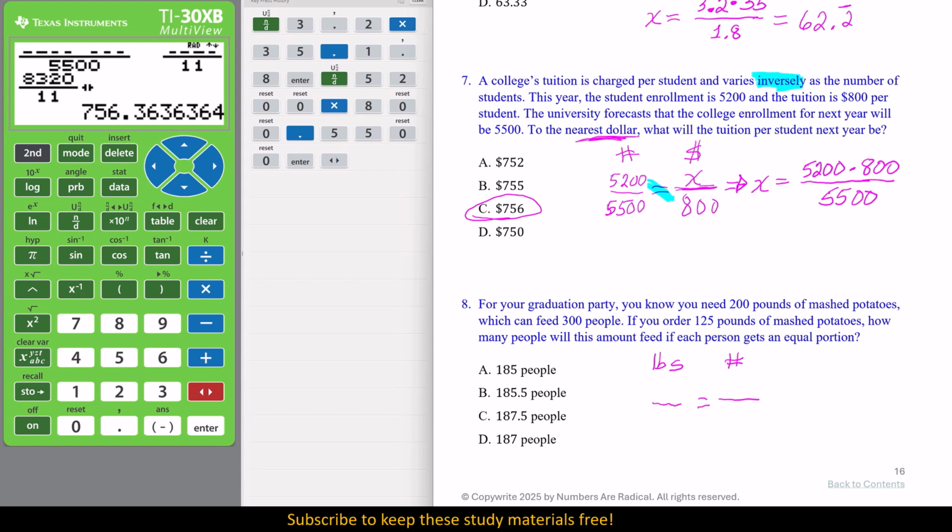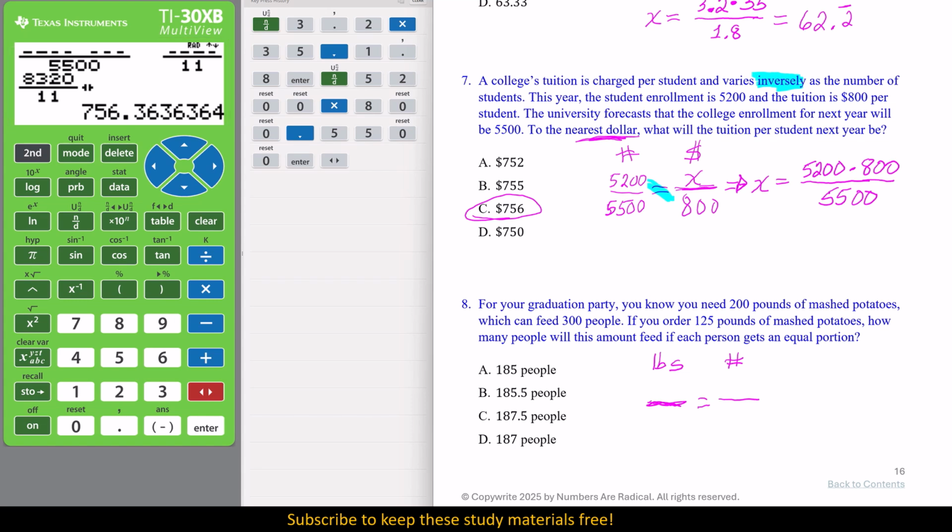If the amount of people increases, your need for mashed potatoes increases. If your amount of people decreases, the amount of mashed potatoes you need decreases. So I say they're direct, a direct variation. I mean, sometimes they don't tell you this. It just stands to reason and it's logical, makes sense.